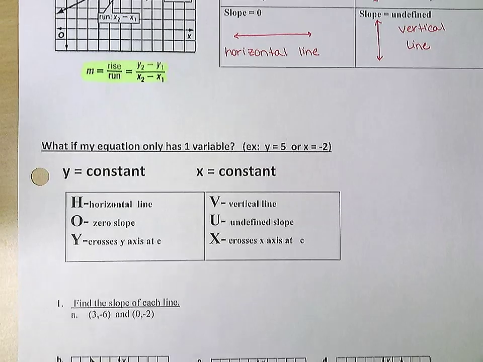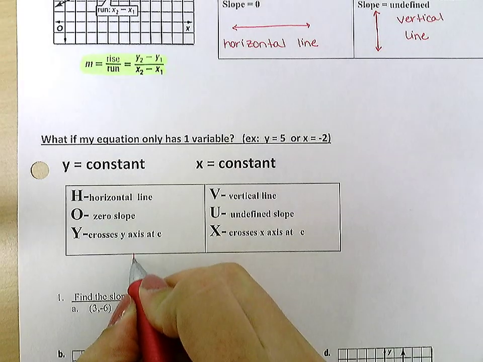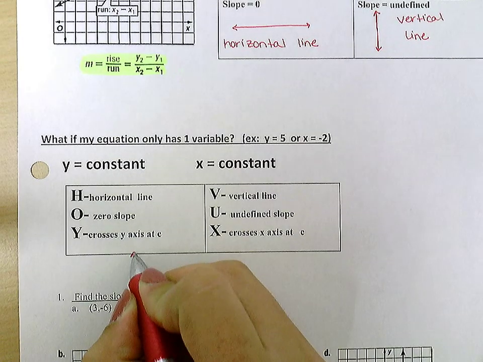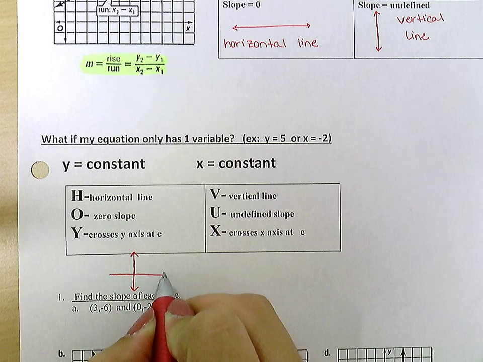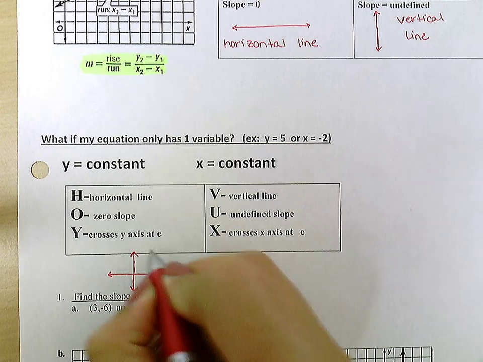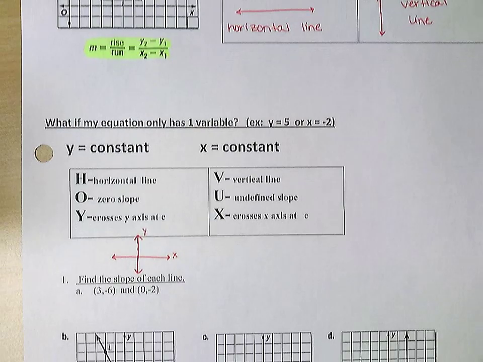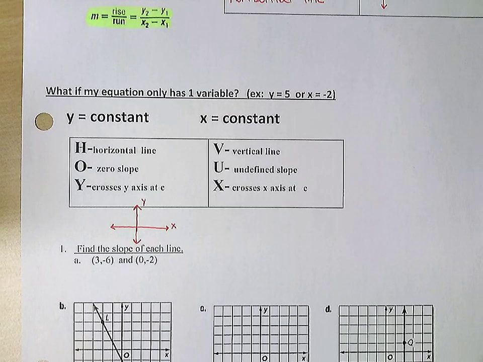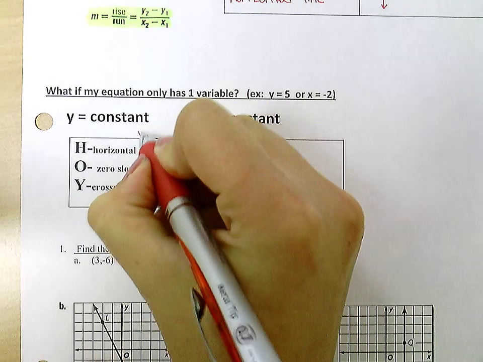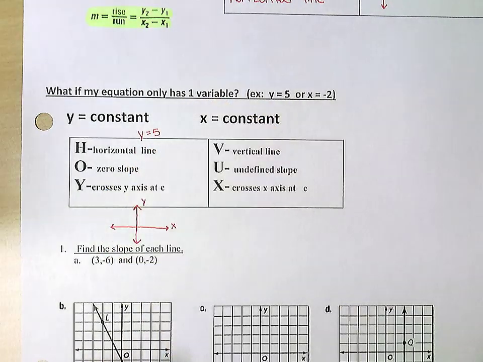Okay, and I'm going to kind of show you that here. So I'm going to draw in my x and y axis. I know it's kind of small, I'm sorry. Okay, so here's my x and y axis. If I have the equation y is equal to 5, that means I'm going to find my point where y is 5.